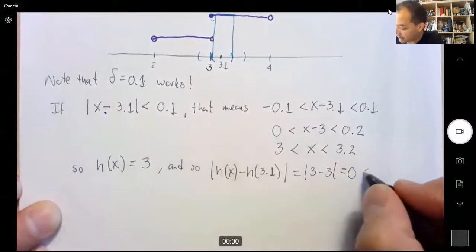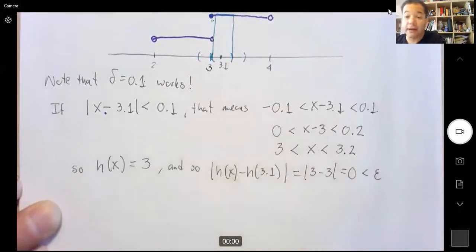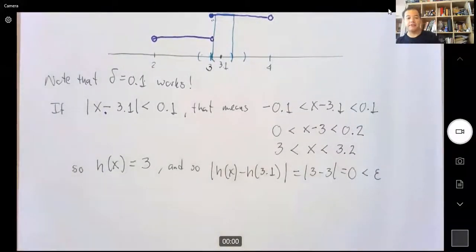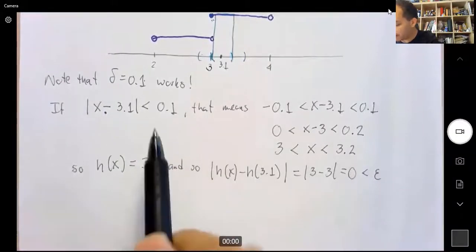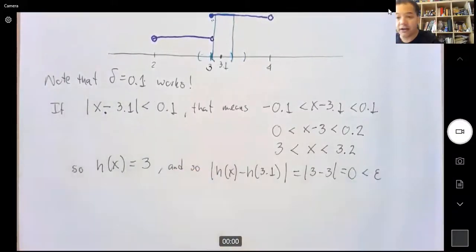And 0 is definitely less than epsilon. Doesn't matter what epsilon you give me, right? This is, in a certain sense, an easy proof, because no matter what epsilon you pick, the same delta works, okay? All right, so that's it. We showed it. We can pick this delta, and it works for any epsilon.